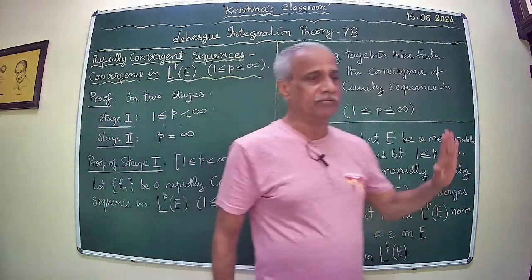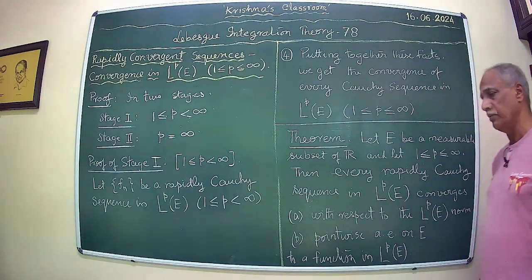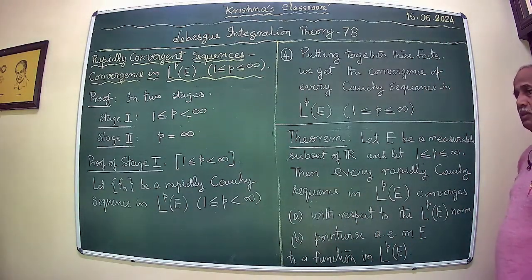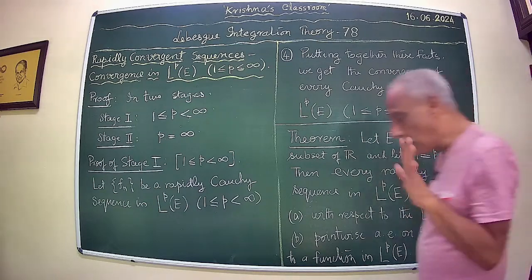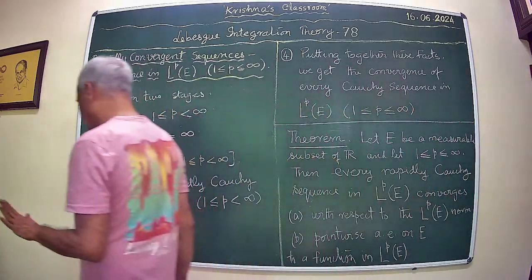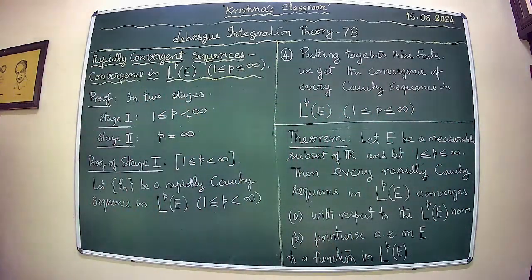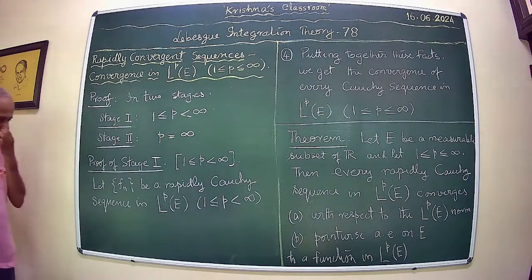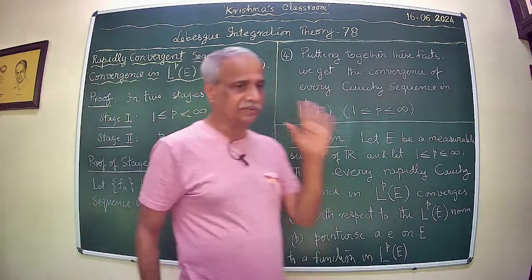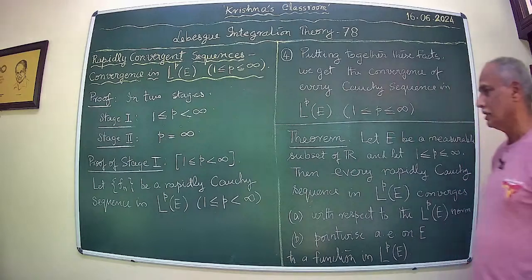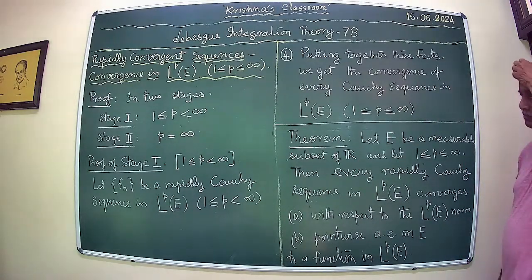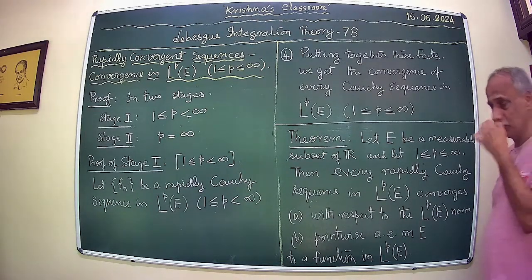In general, Fn is an extended real valued function, but it has the property that almost everywhere the function is real valued.